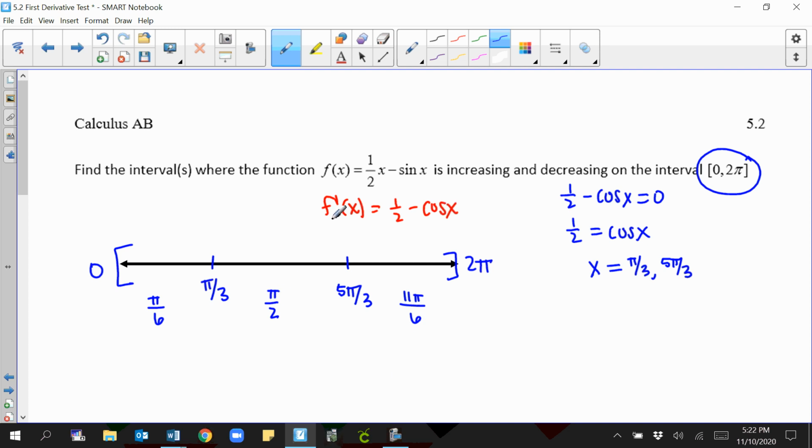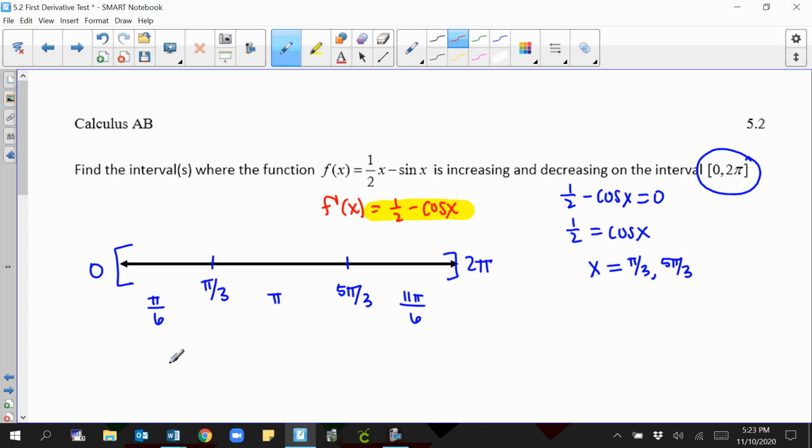I guess to make it easier, instead of doing pi over 2 right here, we could do pi, because that's between pi over 3 and 5 pi over 3. So that makes it just a little bit easier. Pi is a pretty easy one to deal with. And remember, we are plugging these into our derivative right here.